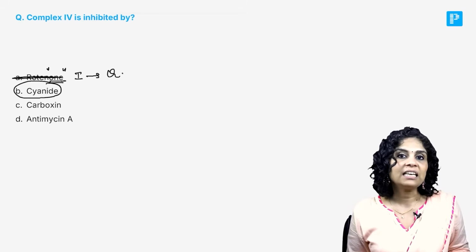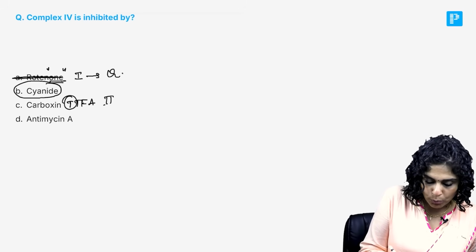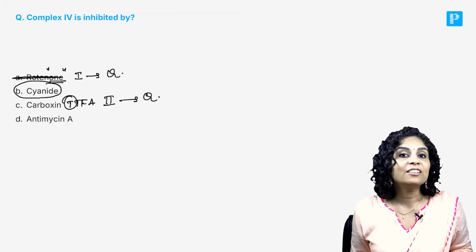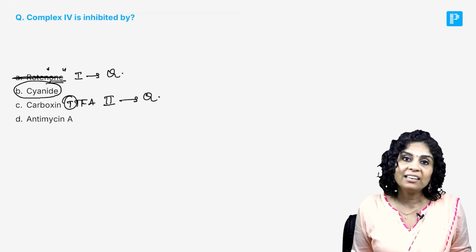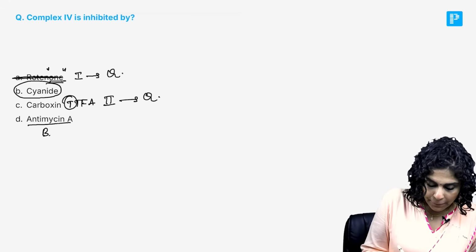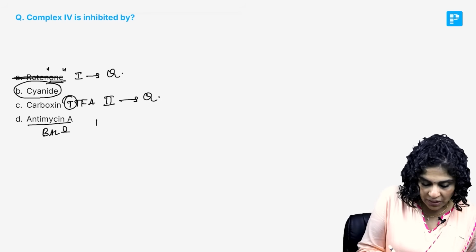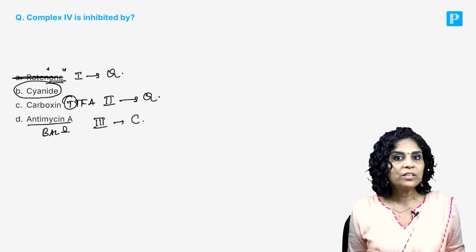How about choice C, carboxin? TTFA and carboxin inhibit electron transport between complex 2 and Q. TTFA starts with T. Antimycin, BAL and antimycin inhibit electron transport between complex 3 and cytochrome C. So I'm repeating this.